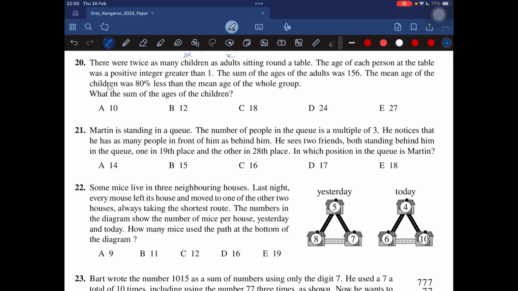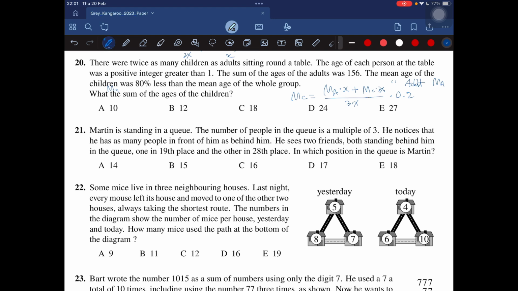Let's say the mean age of the children is MC and the mean age of the adults is MA. Then the mean age of the whole group is MA times x plus MC times 2x over 3x, and that is 80% less than, I mean 0.2 of, like this.